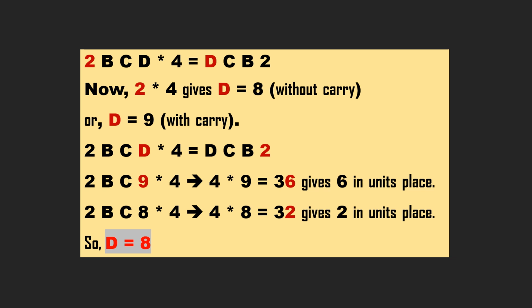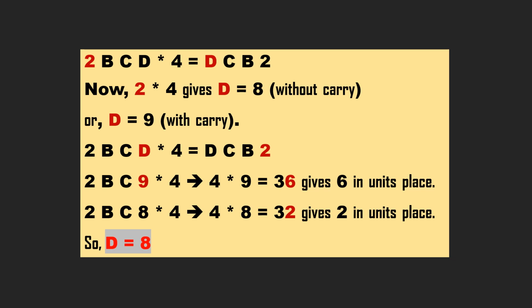Writing 2 in place of A, we get 2BCD into 4 is equal to DCB2. Now, 2 into 4 gives D is equal to 8 without carry, or D is equal to 9 with carry. Let us check with both values for D. If D is equal to 9, 2BC9 into 4 is DCB2.